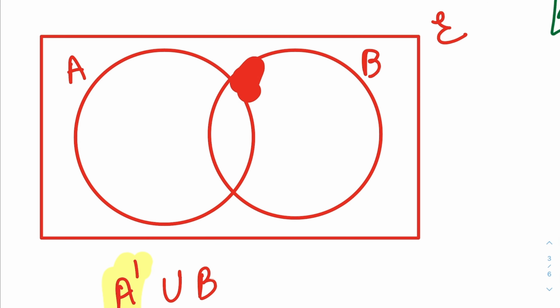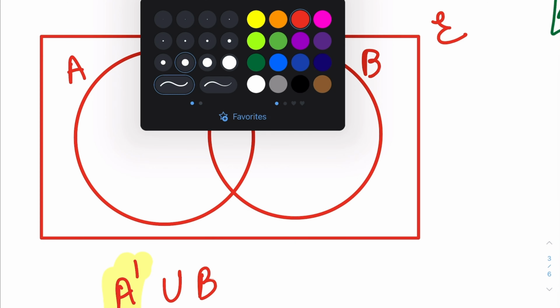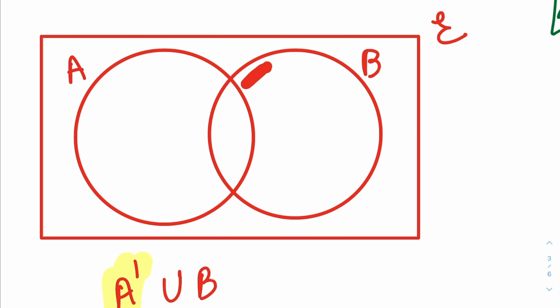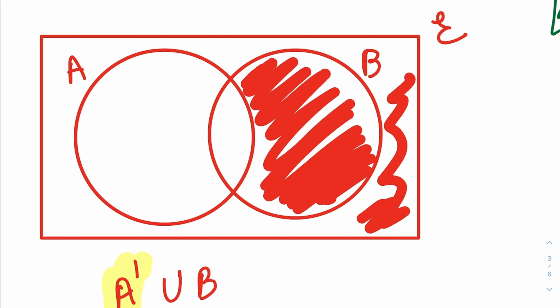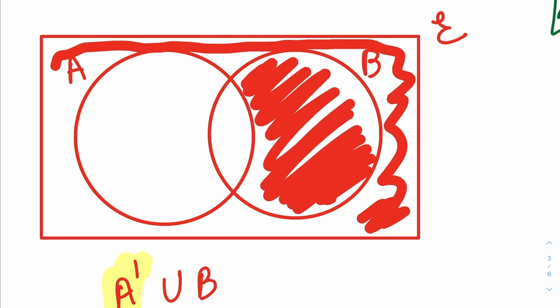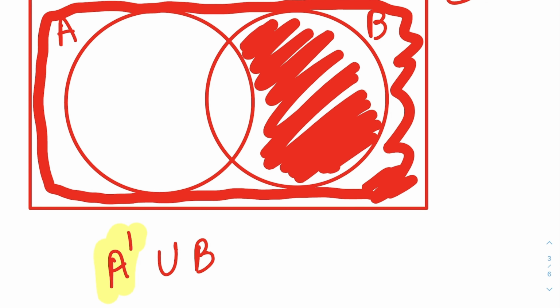Now A dash is this region, and it's this region, right? That is A dash. And now we have to shade B, okay?